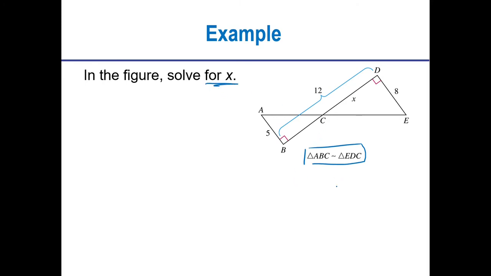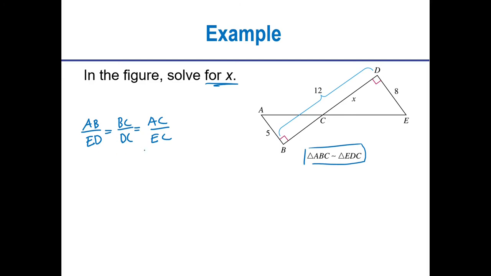Since these triangles are similar, we know that they are proportional. So AB over ED is equal to BC over DC, and that is also equal to AC over EC.